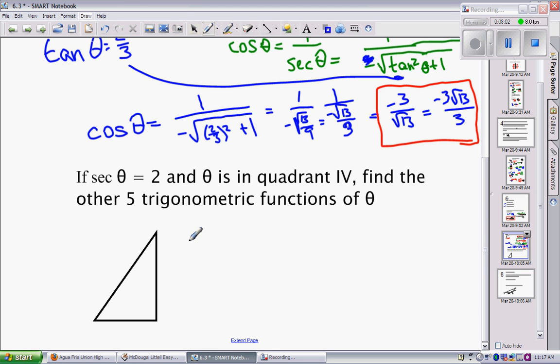So we have our triangle, it's a right triangle, we have theta, and we know that secant of theta is 2.